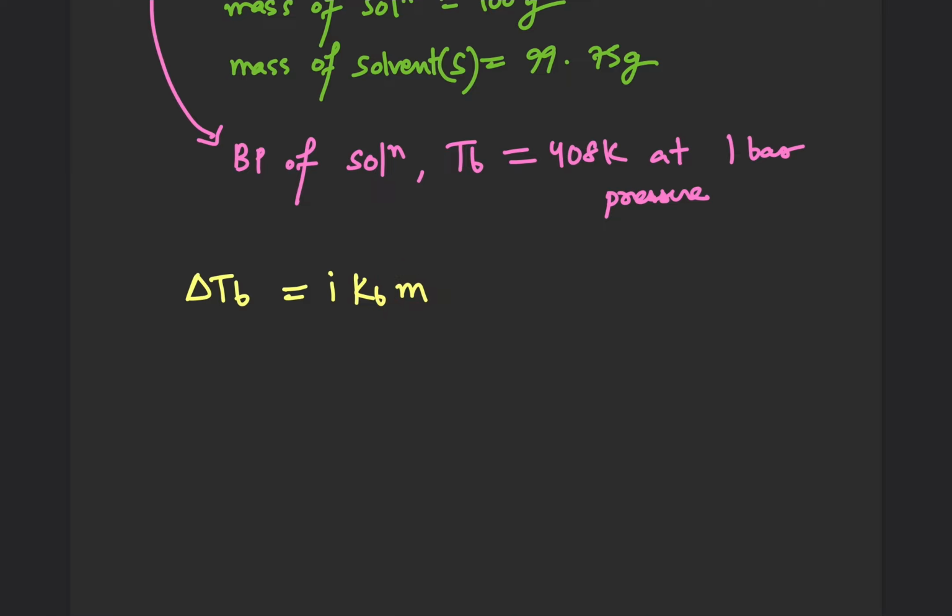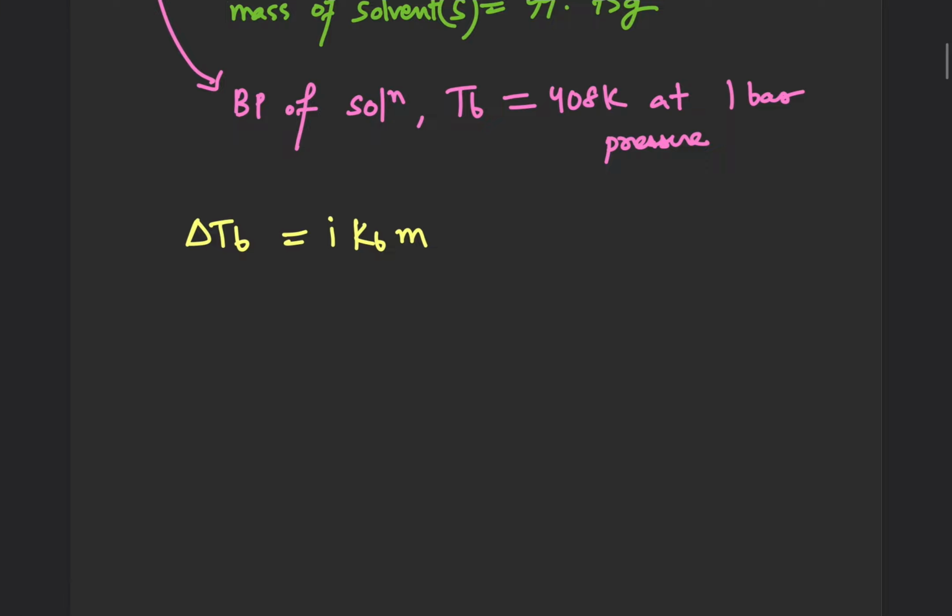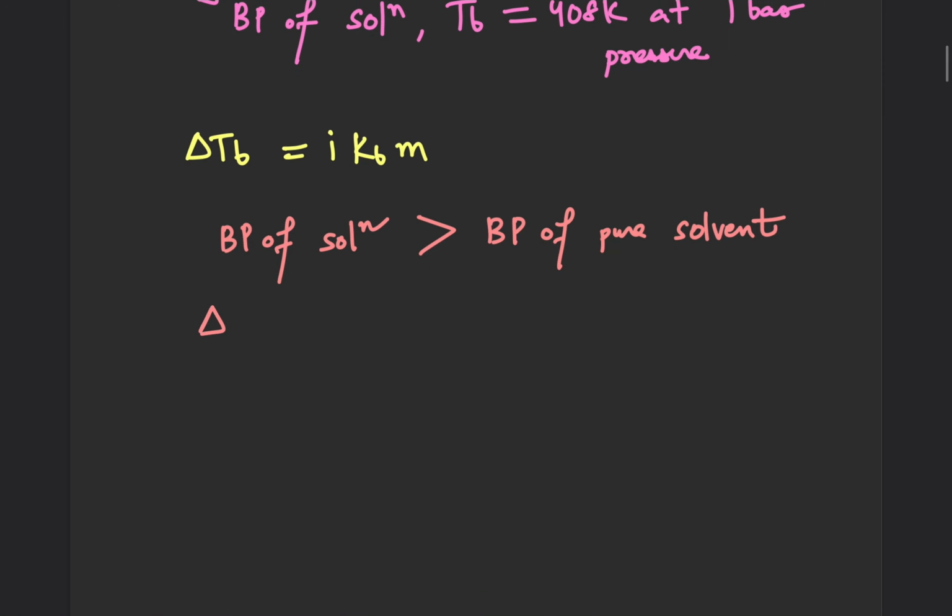We should also know that the boiling point of a solution is always greater than the boiling point of the pure solvent. So therefore I can write delta T_B is equal to T_B minus T_B naught, right?